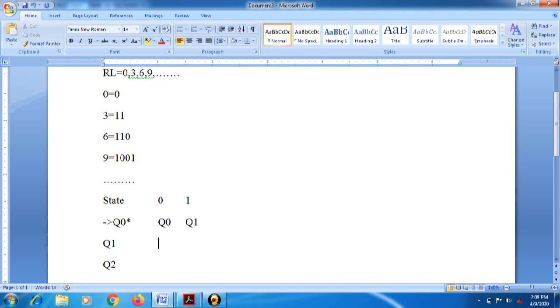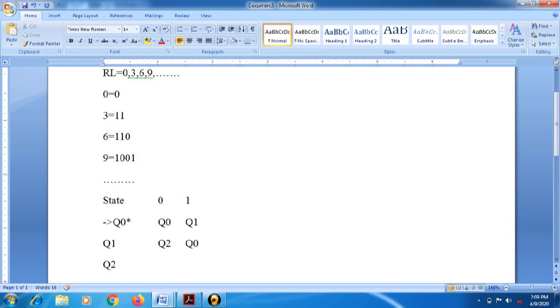Then Q1 with 0. Whether 1 0 is acceptable over here? No. That's why Q1 with 0 goes to the next state, that is Q2, and Q1 with 1 moves towards the first state, that is Q0, because 1 1 is accepted.